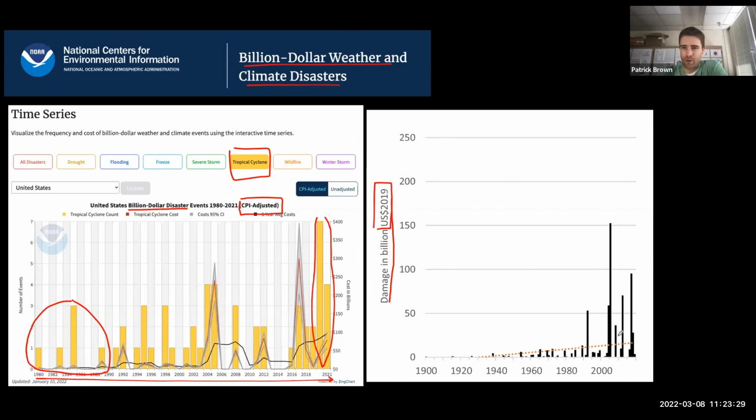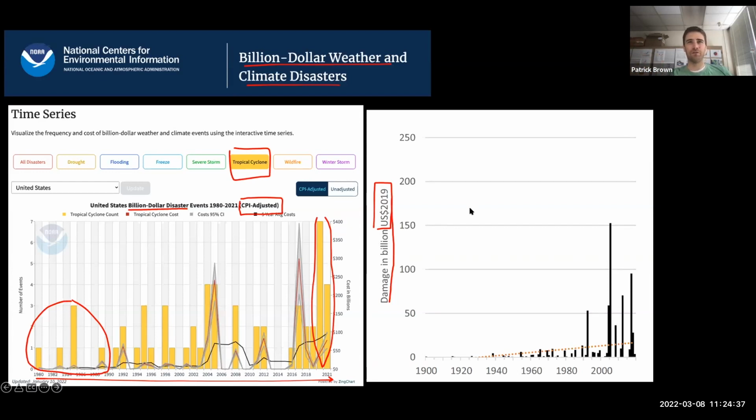But it's kind of interesting, why would this be increasing so dramatically if we don't really see an increase in these wind metrics? Inflation adjustment is one thing, but that's not accounting for there being more value at risk, more things to damage.